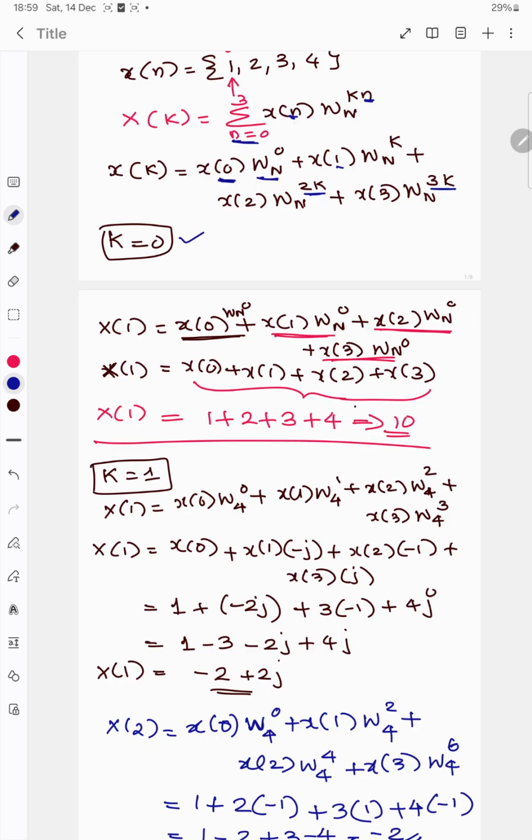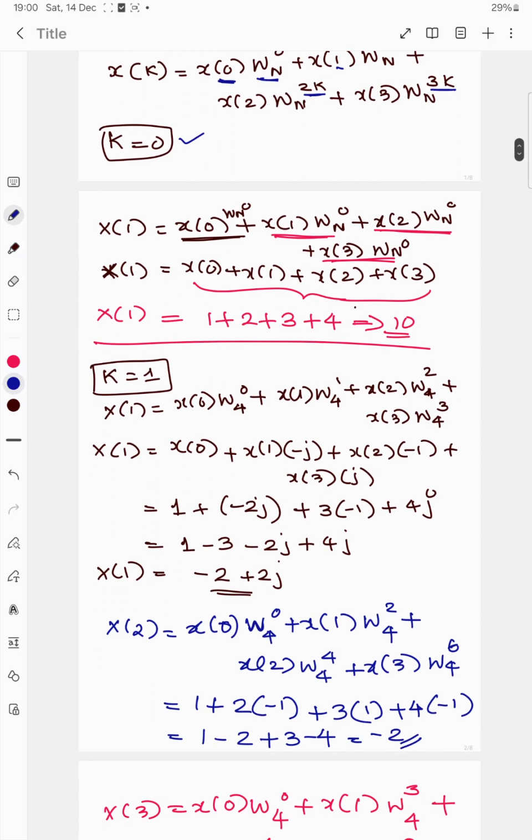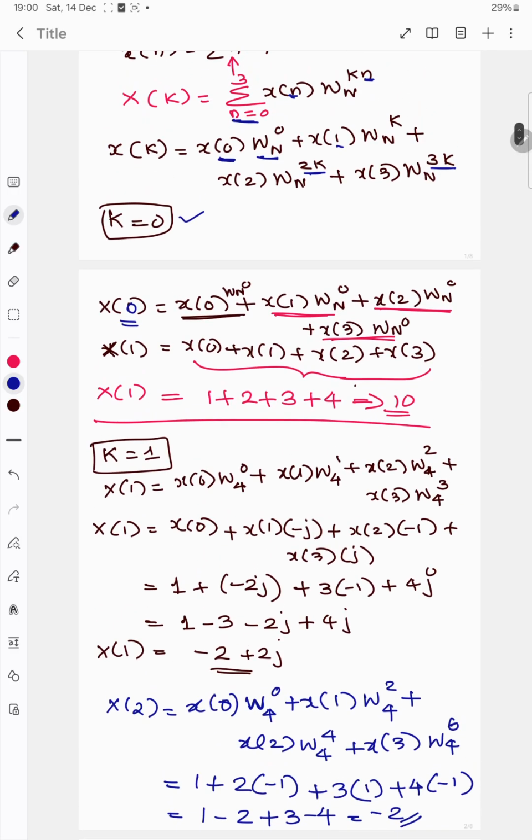So if you want to calculate the output values, the DFT values, you can substitute the values of k one by one. For example, when k is equal to 0, you have x of 0 WN of 0, x of 1 WN of 0, x of 2 WN of 0, and x of 3 WN of 0, because wherever k is there we are substituting 0.